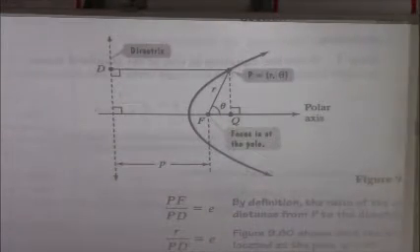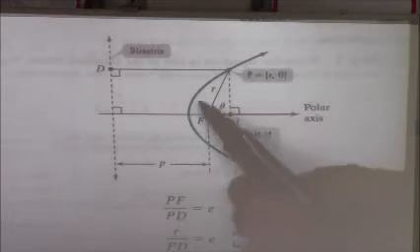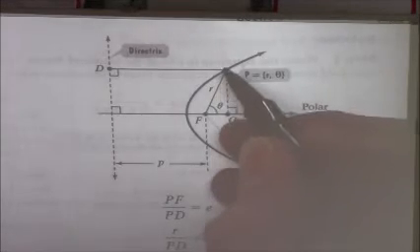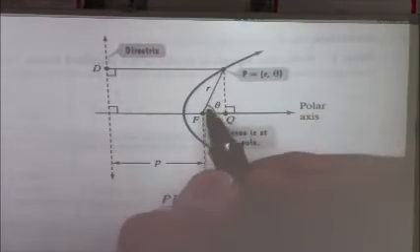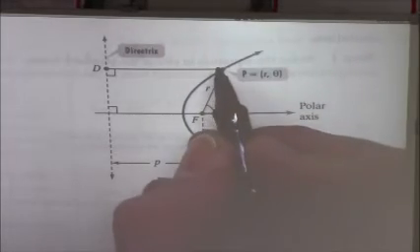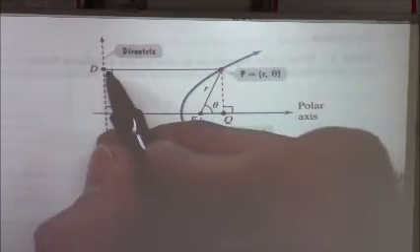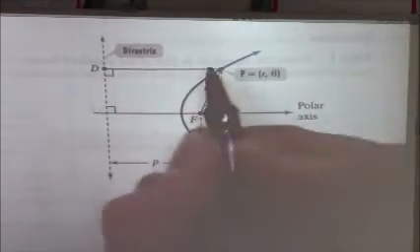Like on this one, we have from the focus point to any point here, gives you a certain amount of a line. And then from that point over to the directrix to make a right angle is a certain distance.